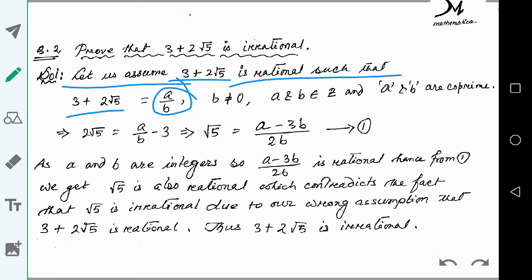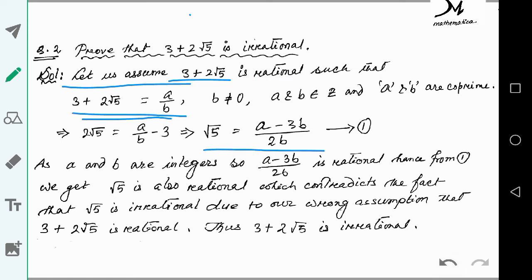Now here you see, a is an integer, b is also an integer, and all integers are rational, and 3 and 2 are also integers, so also rational. As each and every number in this expression is rational, as a whole it is rational. a and b are integers, so a minus 3b by 2b is rational. If this right hand side is rational, which is equal to root 5, then root 5 must also be rational.